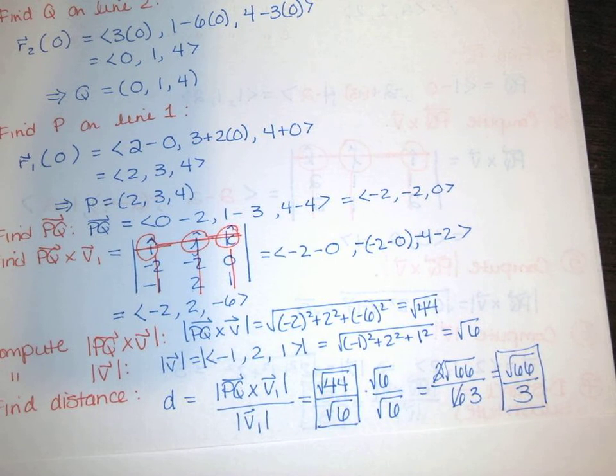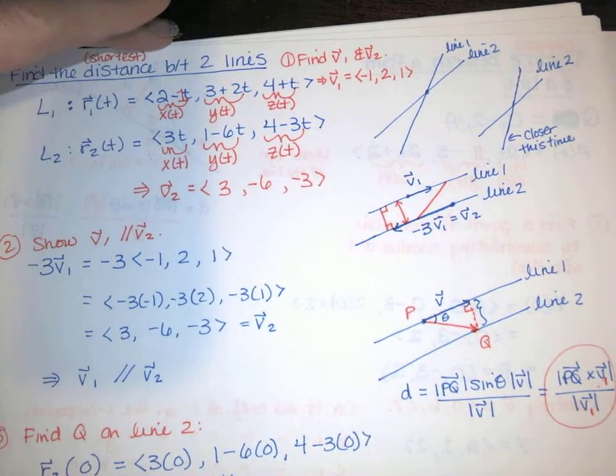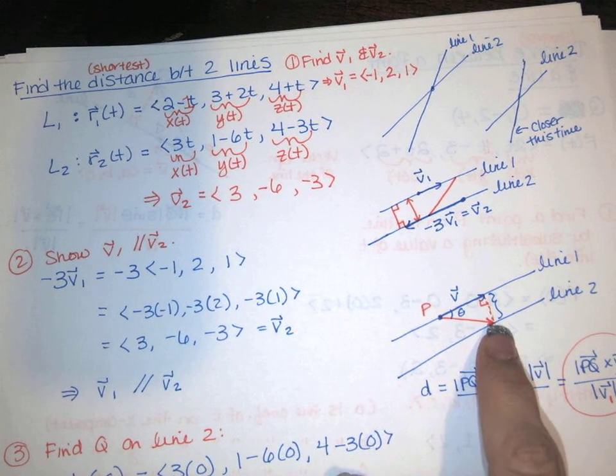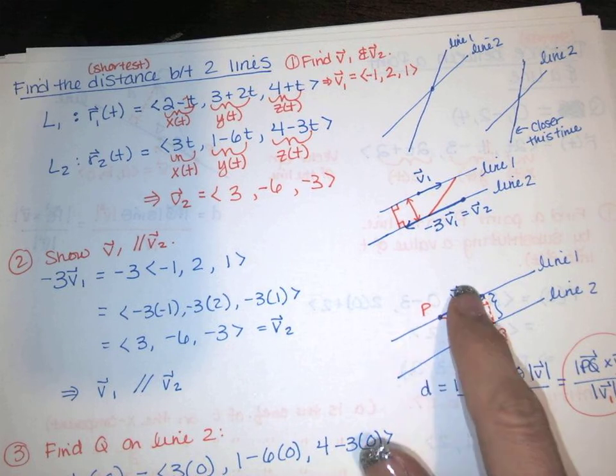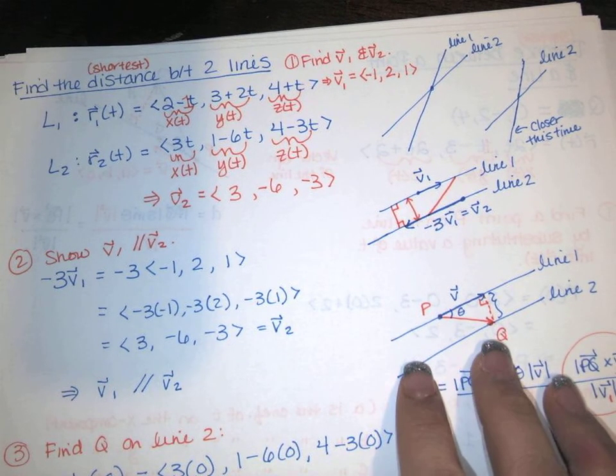Okay, so big picture. If you're finding the shortest distance between two lines, you need to find a point on one line, a point on the other line, and the direction vector of that first line. I like to use this picture here. It helps me.